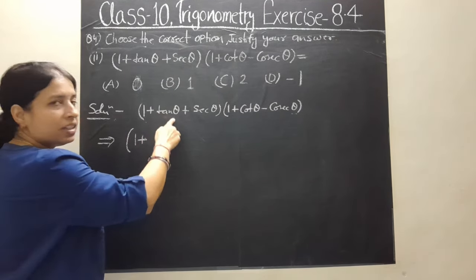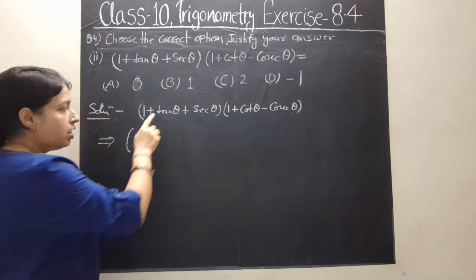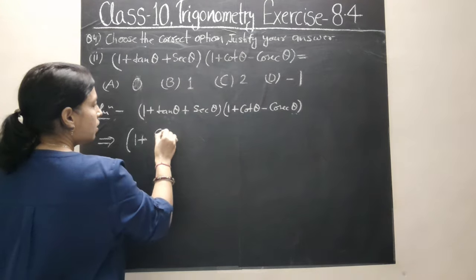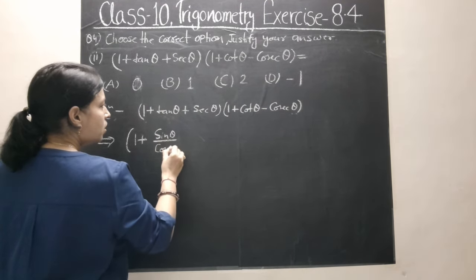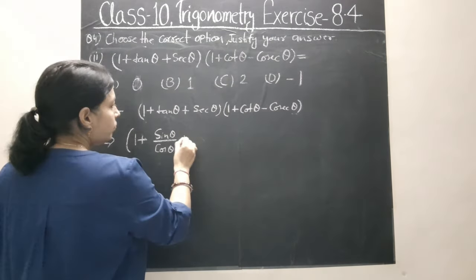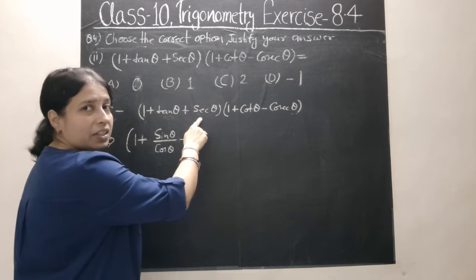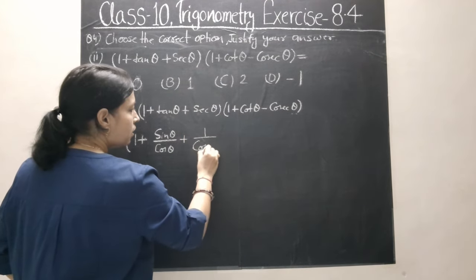So first, in place of tan theta we can write sin theta by cos theta. So write here sin theta divided by cos theta, because tan theta is equal to sin by cos. And what is value of sec theta? In place of sec theta we can write 1 by cos theta.